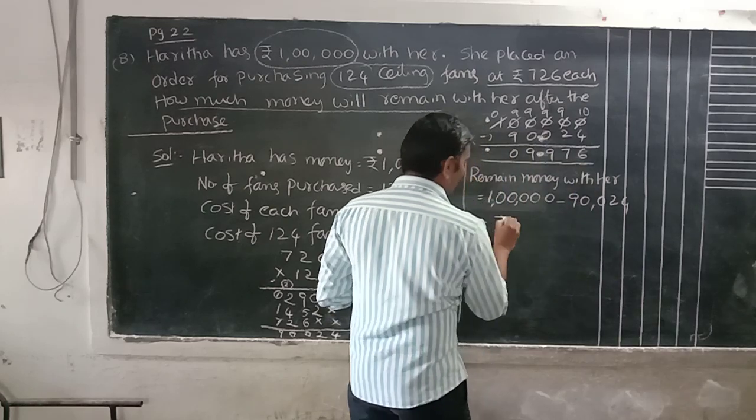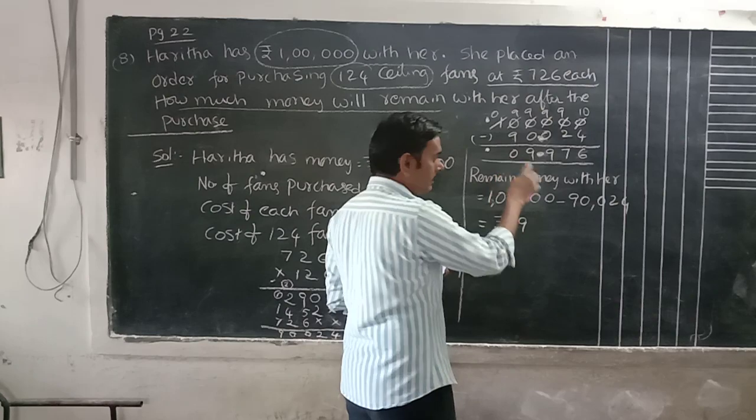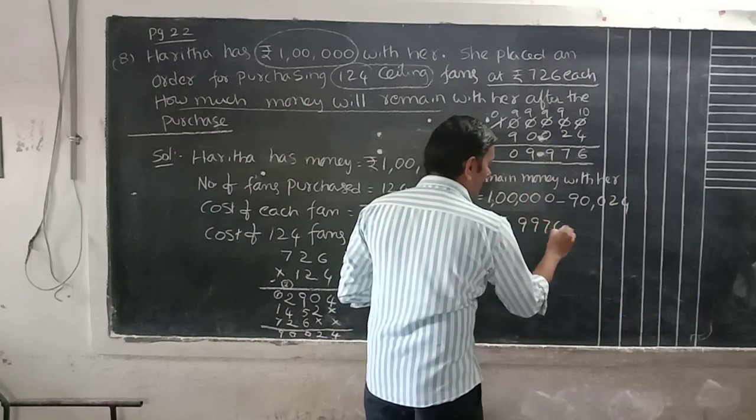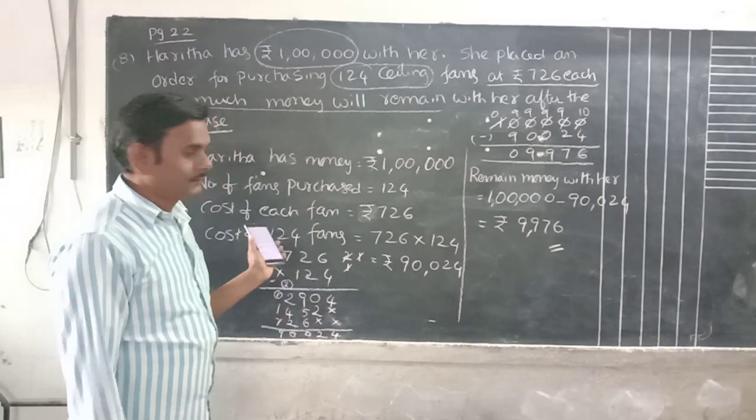So how much money will be remaining with her? 0 no need to write here. 9,976 rupees with her. That is the solution.